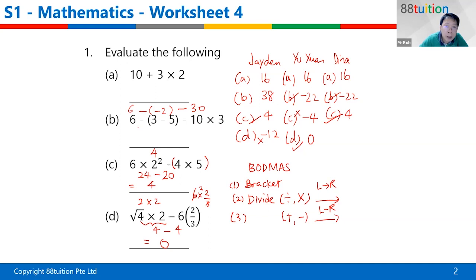Now we're going to expand this, so 6 minus minus is a plus. So 6 plus 2, and then minus 30. So 6 plus 2 is actually 8. 8 minus 30 gives me minus 22. All right, so the answer is minus 22.